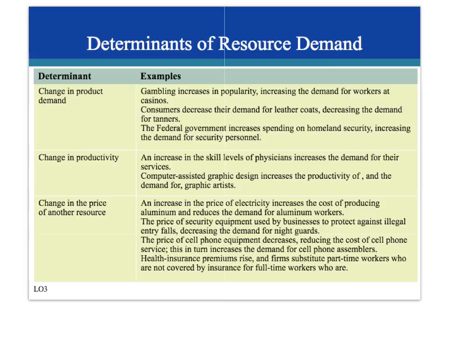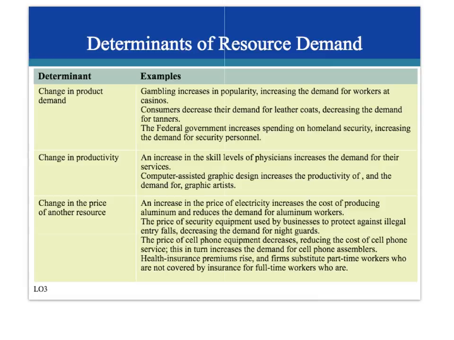Okay, this is a great summary slide. So we have the determinants of resource demand: change in product demand, change in productivity, change in the price of another resource, and some examples. So change in product demand. Whenever the demand for the final product increases or decreases, the demand for their inputs also increases or decreases.